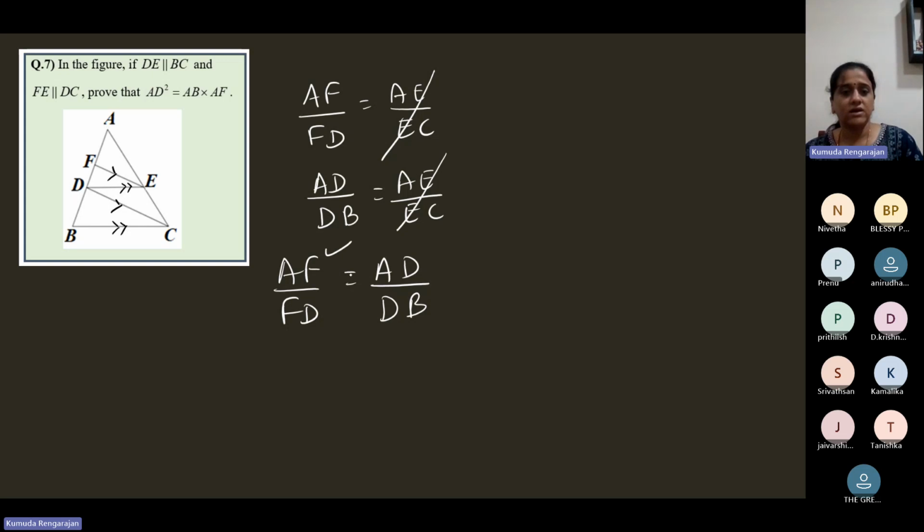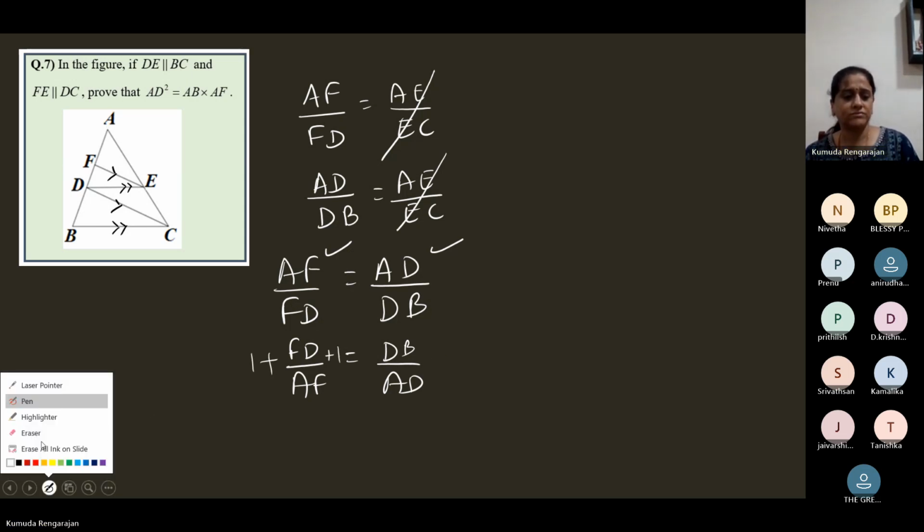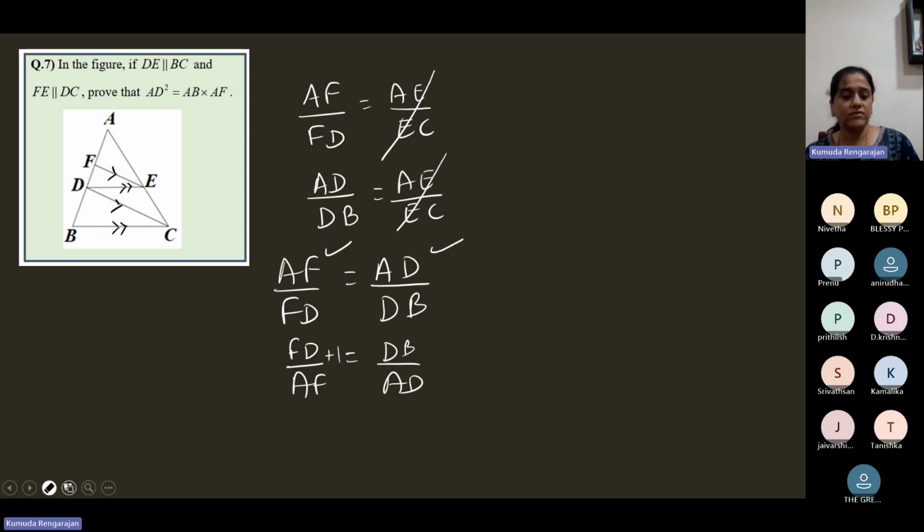AF is there and AD is there. Are FD and DB there in that final result? No, it's not there. So that means you don't want that. If you don't want, put it in the numerator. So take reciprocals on both the sides. FD by AF is equal to DB by AD. Now add 1 to both the sides.